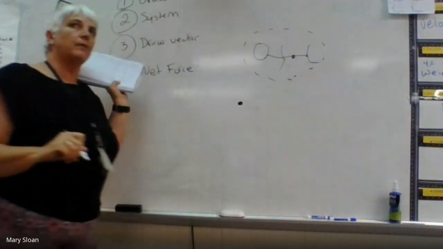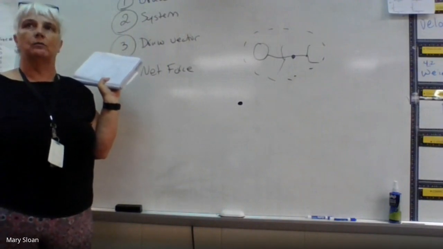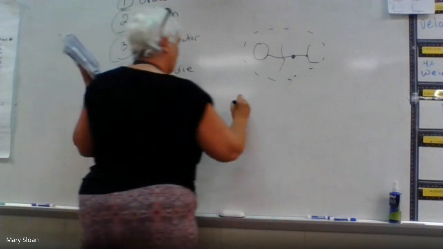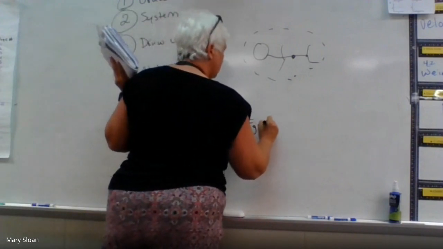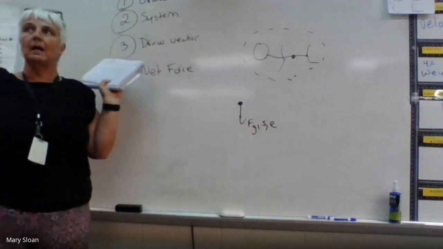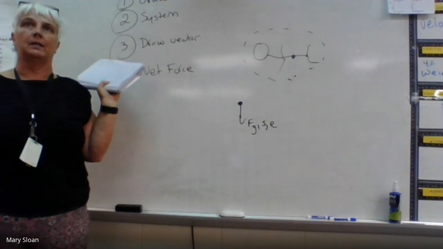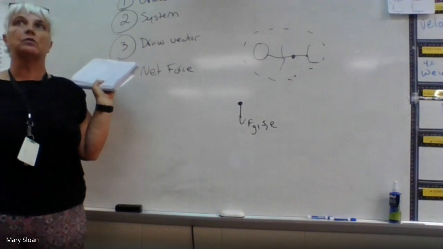Now if he's falling out of the sky, what is pulling him down? Force of gravity on the skydiver by the earth. Do you remember that list that we used yesterday? Remember the ones we wrote down yesterday of the different types of forces? We're going to try to use those today.